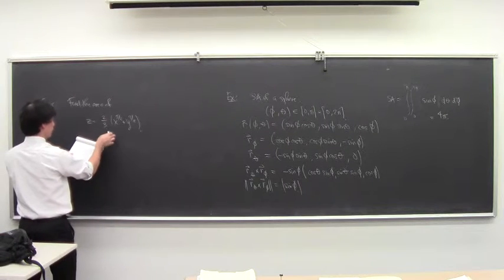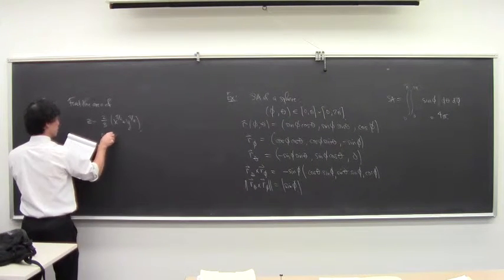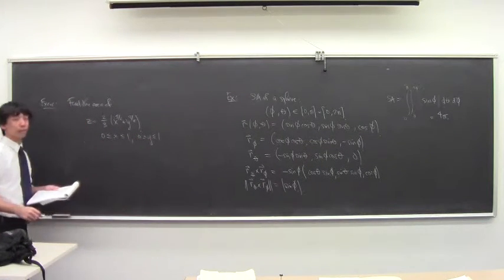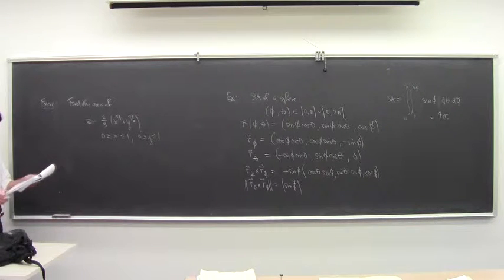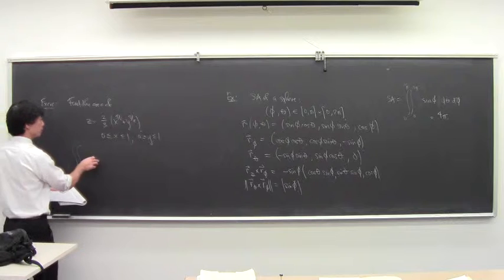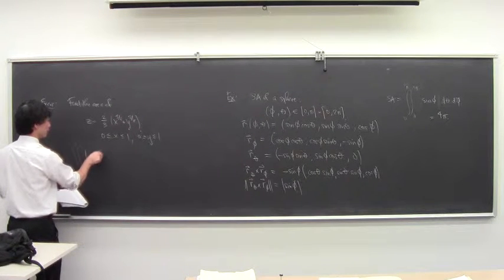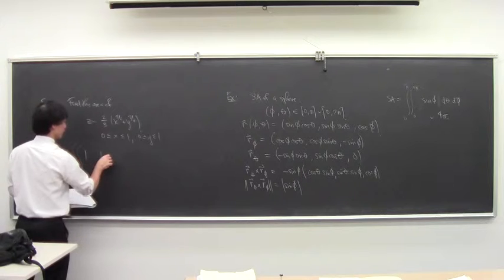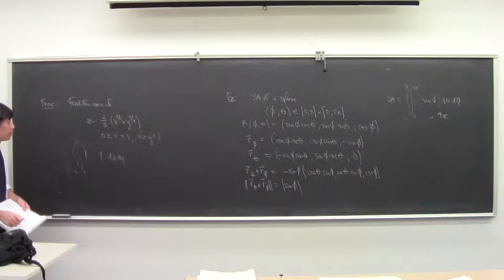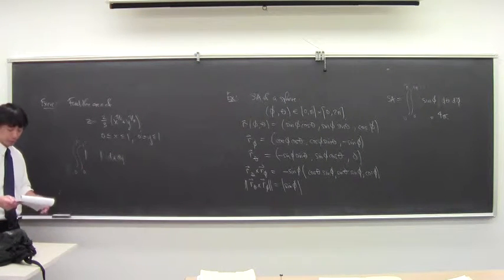So here's the graph of some function, as x and y range over the unit square. So just take a minute or two and set up the integral. So it's going to be the integral of something dA, dx dy, as y goes from 0 to 1 and x goes from 0 to 1.